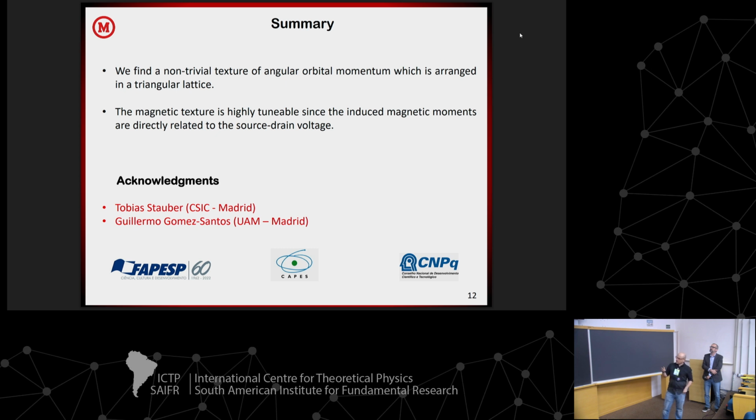We tested if our results are robust, and what we found is that they are robust. We induced a lattice relaxation, which is a very common process in twisted bilayer graphene. We included vacancies and other kinds of defects, and we continued finding a magnetic moment.